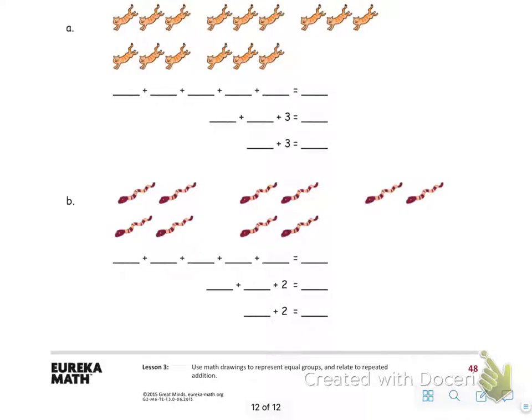Alright, so this is going to be very, very similar to what we just did. And so what you're going to be doing is figuring out the numbers in problem B. So what you should do is you should come down here and group your snakes together, okay?